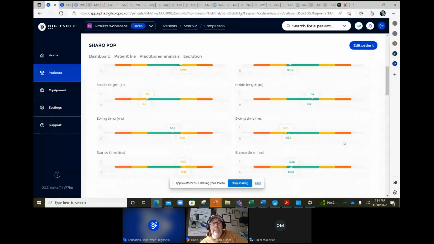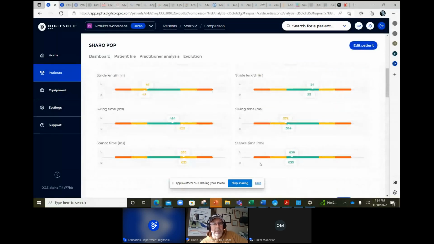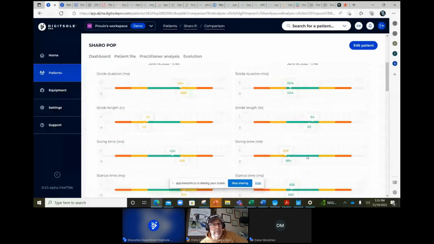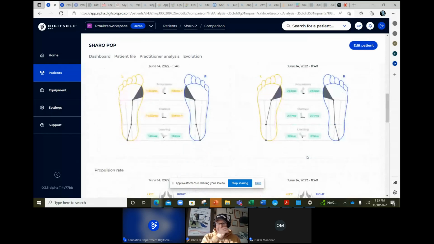So at 3 miles per hour, we see a lot of this normalizes. And so when we get her walking faster, we find that most of them are essentially within the screen. And again, that makes sense because we're walking her at what's considered to be the normal average speed for this particular person. So let's look at her gait line.